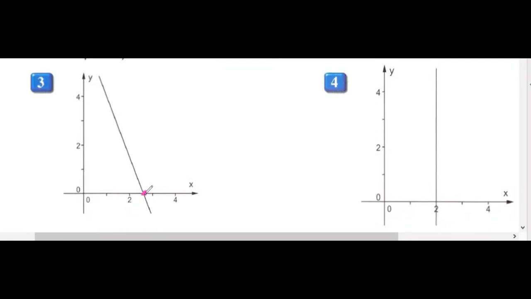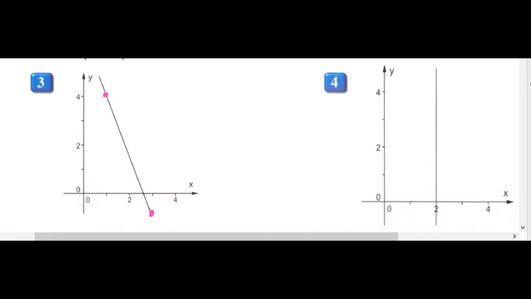Maybe 2 and 2, yes, this is 2 and 2, we can use this one. But I know this point is 3 and negative 1, of course. So this is 3 and minus 1. So this is 1 point. And the other point is, let's say, 1 and 4. Okay, this is 1 and 4, let's say.